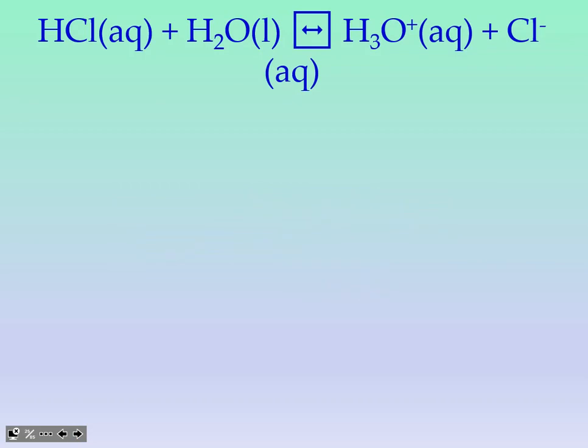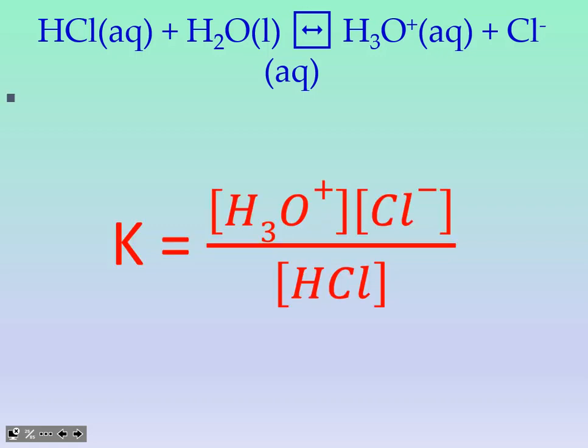How about this one? Which one do we not include in our expression? No water. Water is a liquid. We won't include it. So, what type of reaction is this one? This one you should be familiar and recognize it as a certain type of reaction. What kind of reaction is this? It's an acid-base. It's a Bronsted-Lowry acid-base deal.